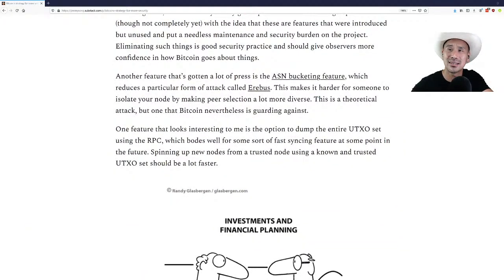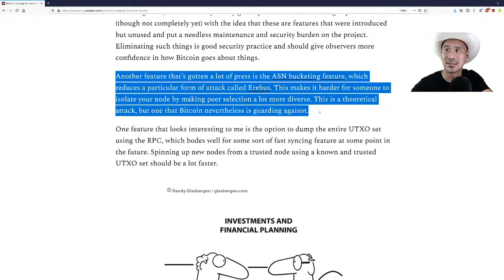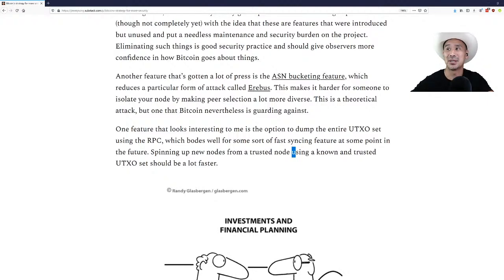One thing that's gotten some press is this ASN bucketing feature. There's a particular attack called Erebus that some researchers put out. Basically, it requires isolating your node and doing certain things with it.